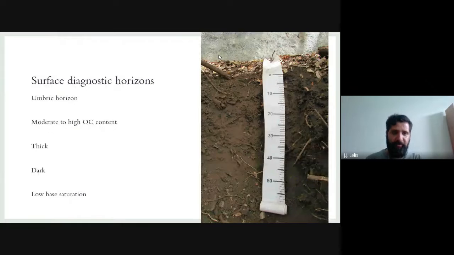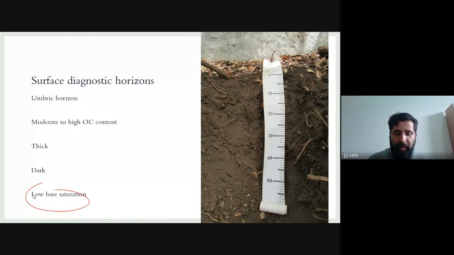We also have the umbric horizon, and the umbric horizon is that horizon that possesses moderate to high organic carbon contents, like the Chernic and the Mollic horizon. It's also thick, it's also dark, but in opposite to the Chernic and Mollic horizon, it possesses a low base saturation. So the umbric horizon is also a natural horizon. It's formed by the interaction between the soil formation factors.